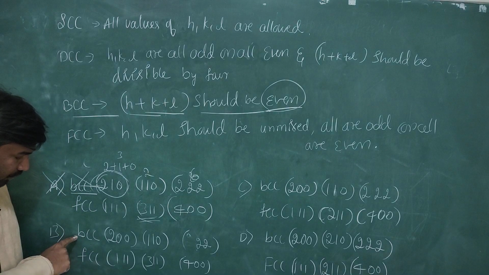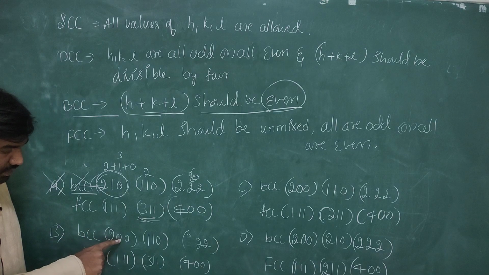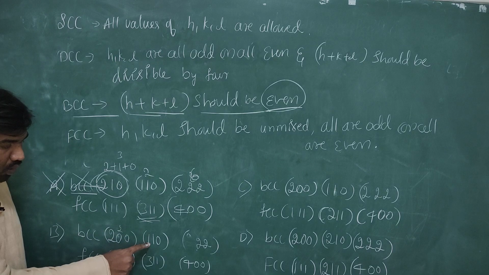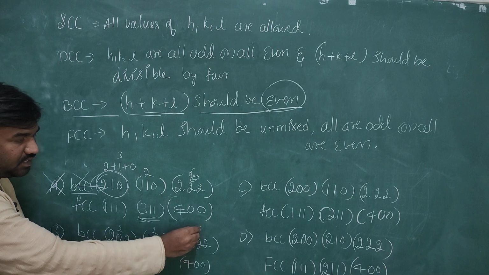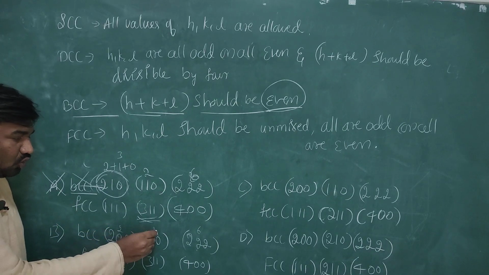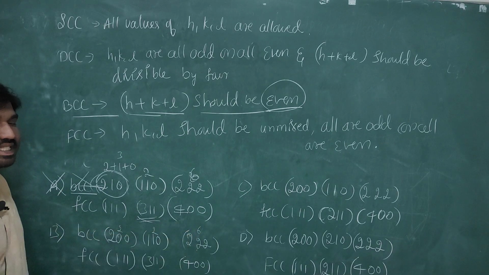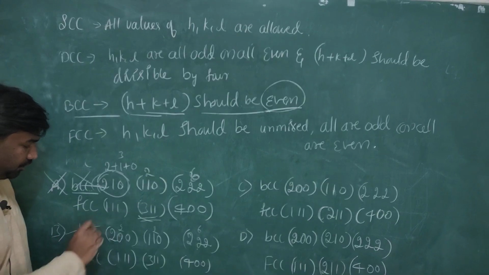Next, for BCC, option B: 2 plus 0 plus 2, 1 plus 1 plus 0, 2, and 2 plus 2 plus 2, 6. If we add h, k, L, we will get 2, 2, 6. All the terms are even, so it is satisfied.